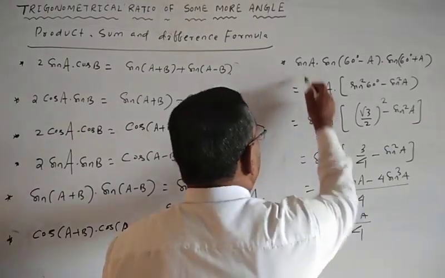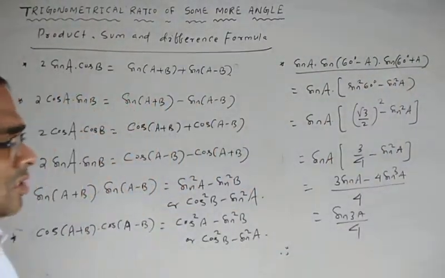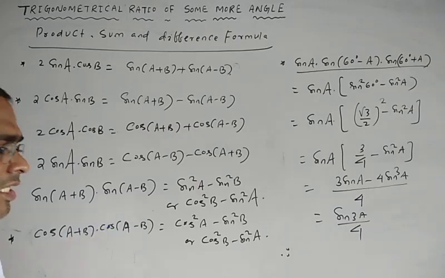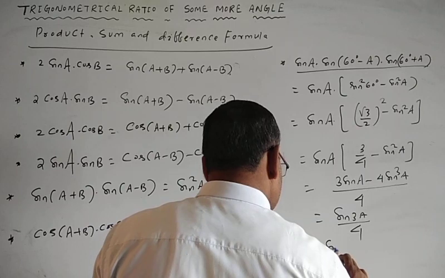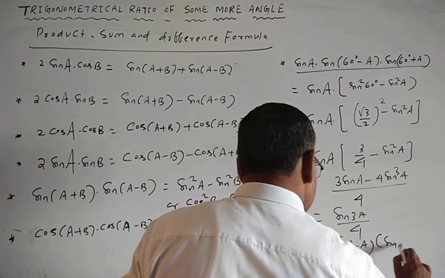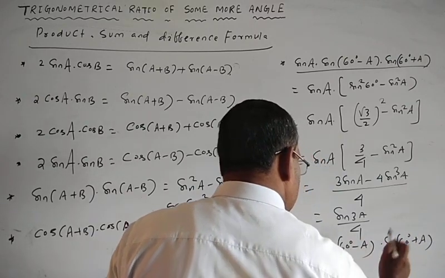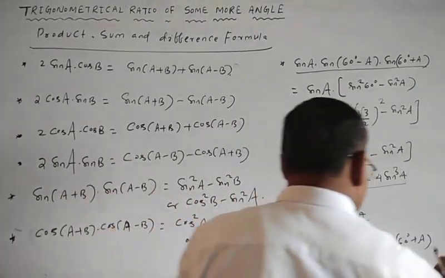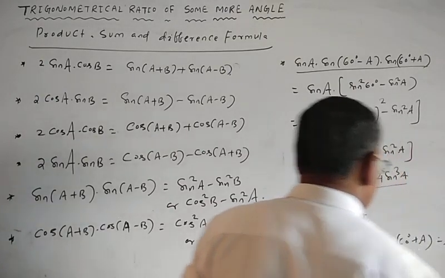Therefore sin A into sin 60 degree minus A into sin 60 degree plus A is equal to 1 by 4 sin 3A.